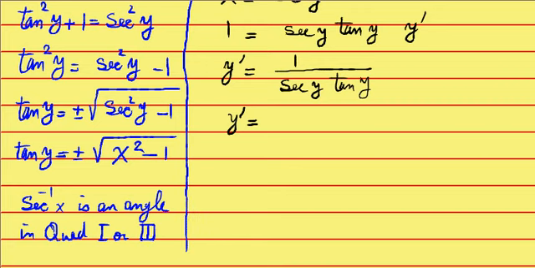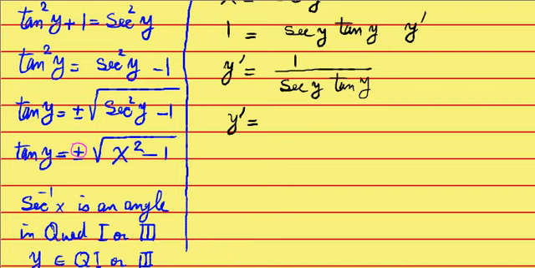That's the choice we make. Let's see what's the output of this choice. If that's the case, y is in quadrant 1 or 3. Well, what's the tangent of an angle in quadrant 1 or 3? It's going to be positive. And by that choice, this positive sign will be picked.